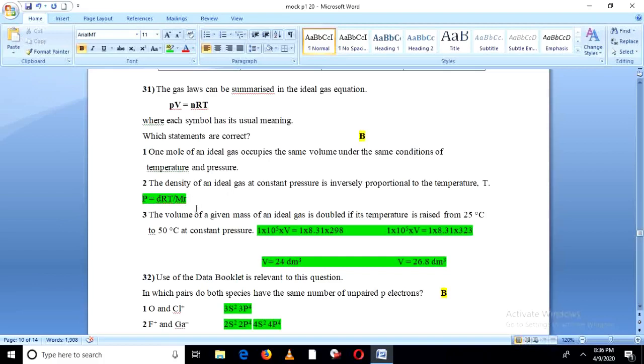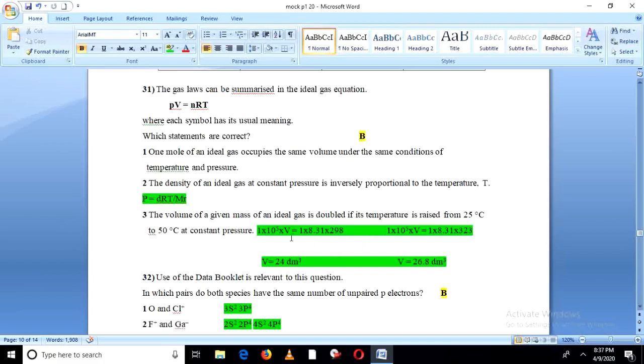Coming to the third statement, it says the volume of a given mass of an ideal gas is doubled if its temperature is raised from 25 degrees Celsius to 50 degrees Celsius at constant pressure. So I've calculated the volumes by taking arbitrary values.